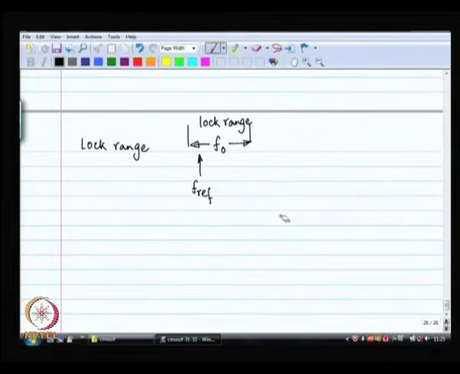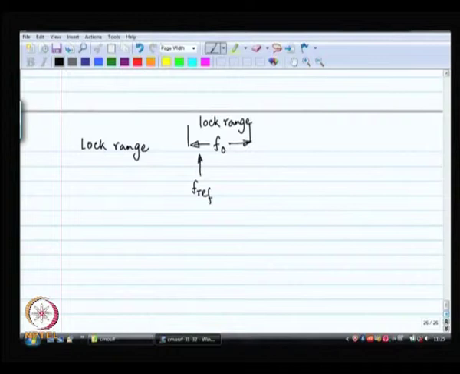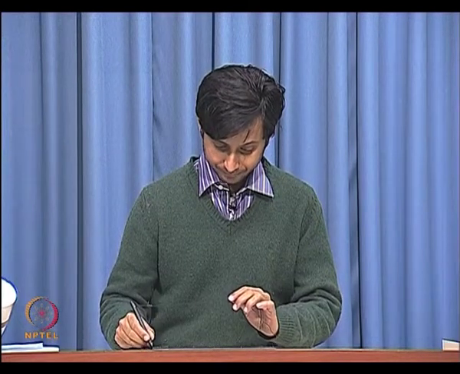I really want to move on to the next topic, but this is of some interest because you want to make sure that when you have made your voltage controlled oscillator over the entire range of process corner variations, etc., the reference falls within the lock range centered around the free running oscillator. So, you want to make sure of that. What else?